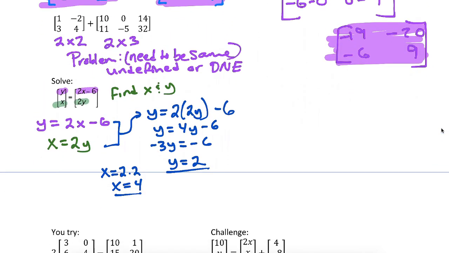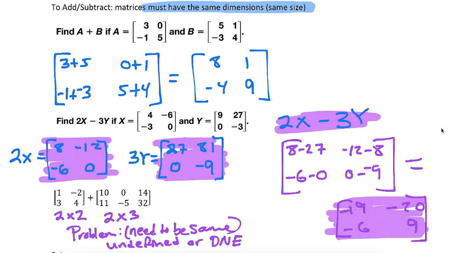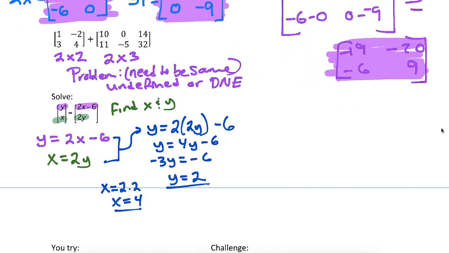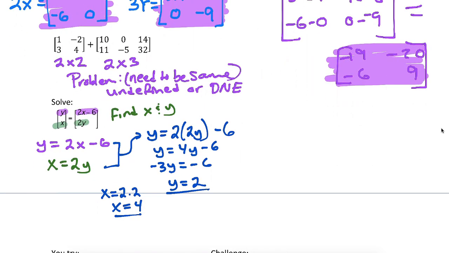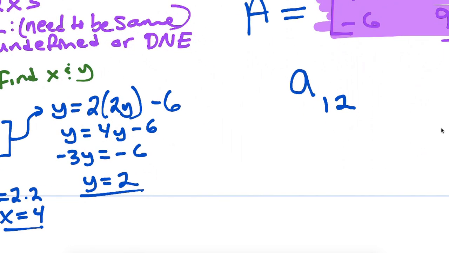One other thing that I forgot to tell you is, let's say we had this matrix right here, and let's say we called this matrix A. And let's say I wanted to find A, 1, 2. If you saw this notation, one of the things you need to know is this is row 1.